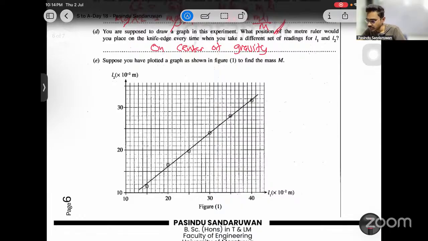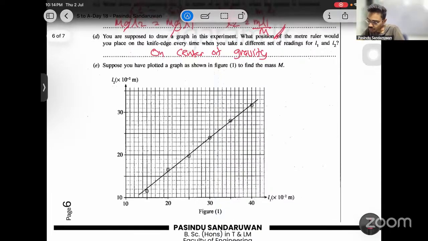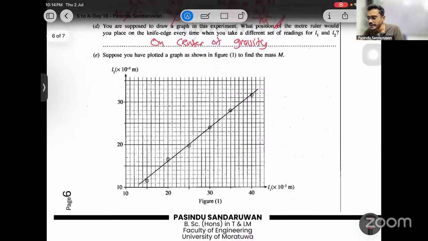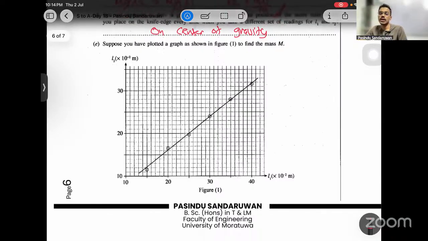Suppose you have plotted a graph as shown in figure 1 to find the mass capital M, right? Now, in this method, the reason to go for a graphical method, even when we have the chance to just do this by a calculation, is to get more accuracy.